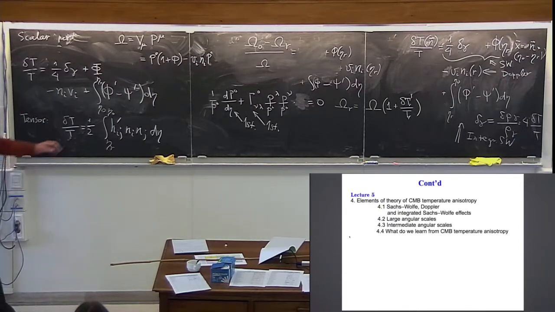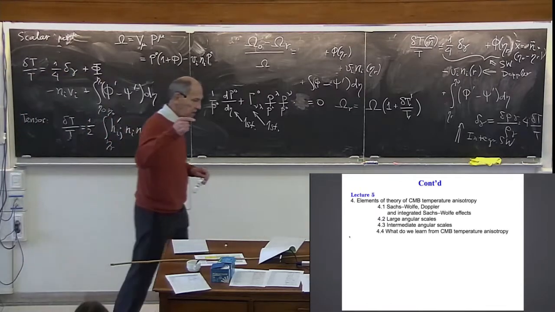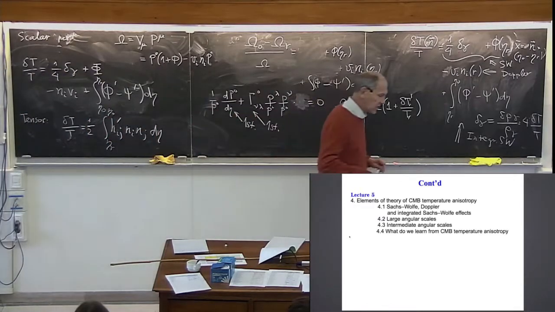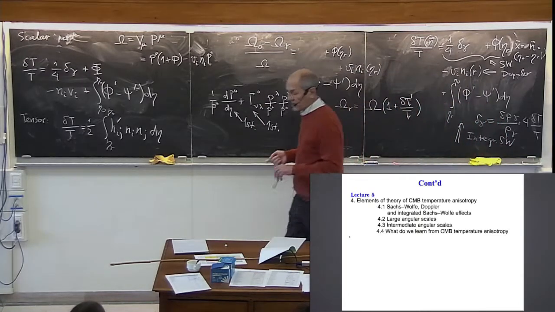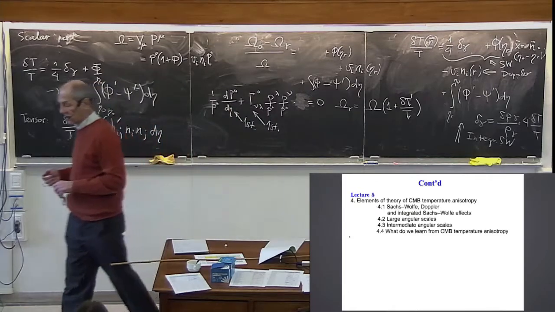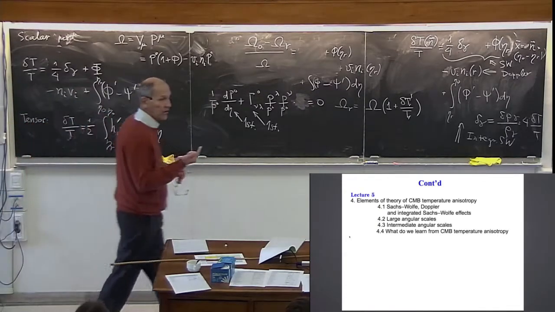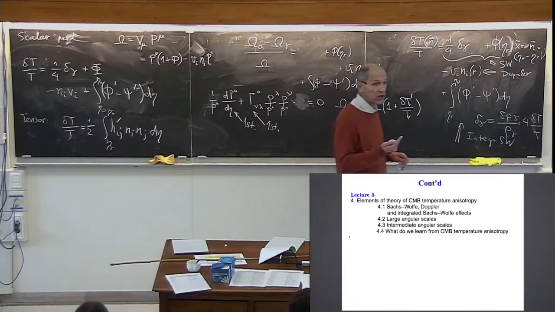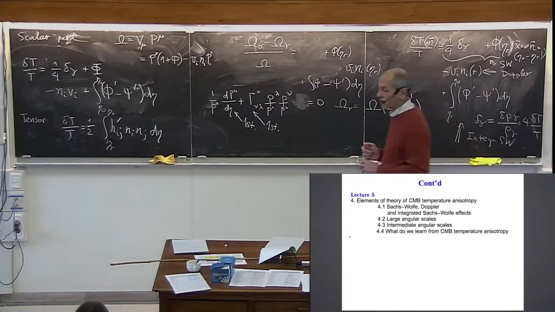Finally, this term accounts for the fact that if a photon travels through the universe, it meets the potential well, it drops down the potential well, it gains energy, and if the gravitational potentials evolve in time, then it goes back at a different value of the gravitational potential, so it climbs a different slope.